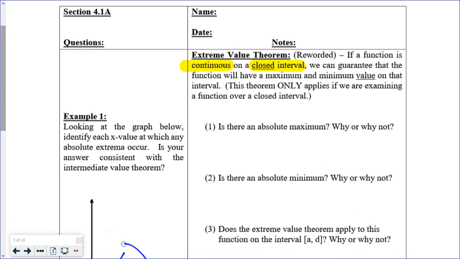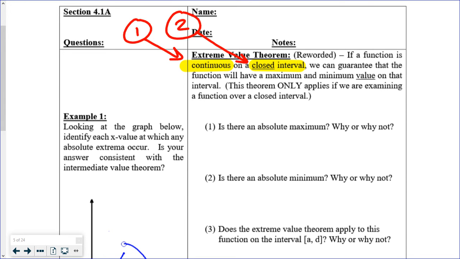Okay, remember the intermediate value theorem? And I warned you there's like 4 big theorems in calculus. Here's the second one. This one's the extreme value theorem. Please note, there are 2 conditions for the extreme value theorem to be applicable.